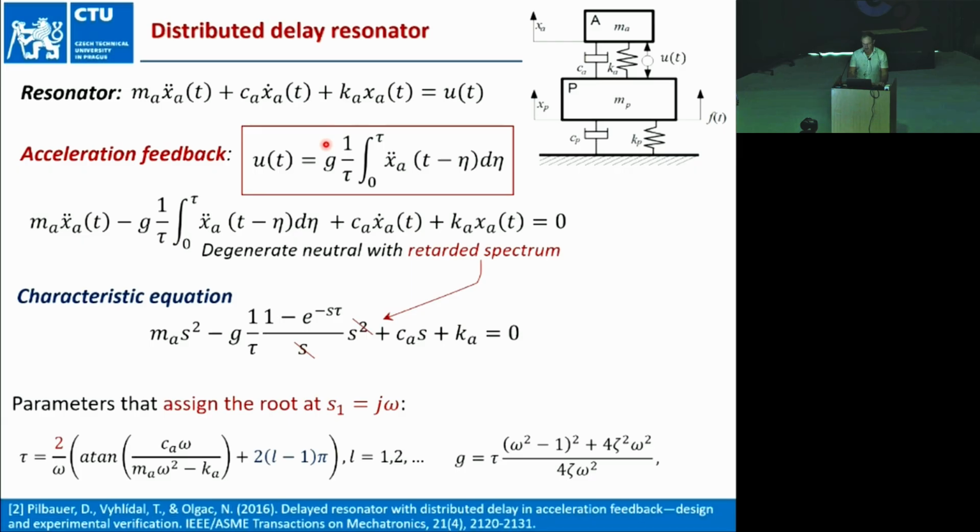And secondly, through this feedback, we can remove the neutrality. So we have the cancellation of the term in the highest power of s. So even though theoretically it's still a neutral system, its spectrum is degenerate and has retarded features.